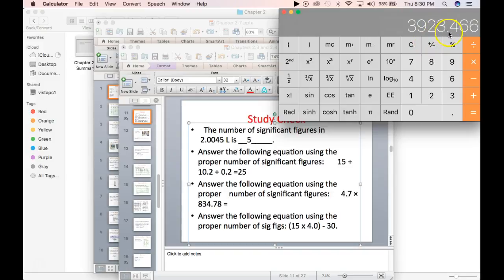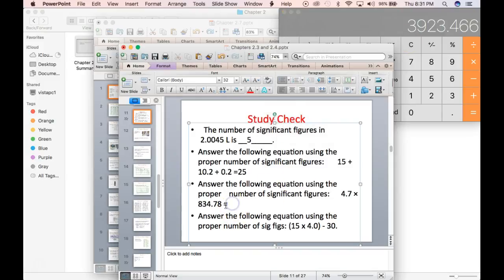So you will move this decimal point 1, 2, 3, all right? So 3.9 times 10 to the power 3, okay? Okay, so that's the answer. All right. Now here, 15 times 4 is 60, okay?